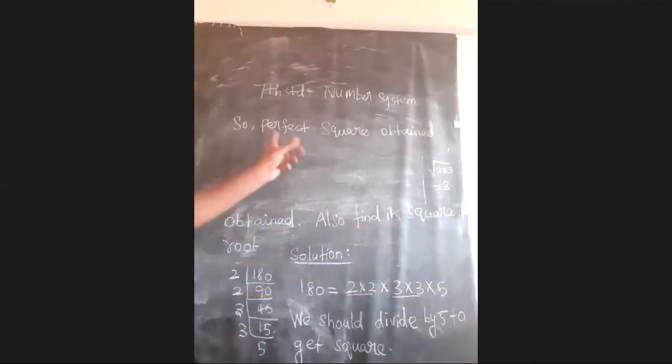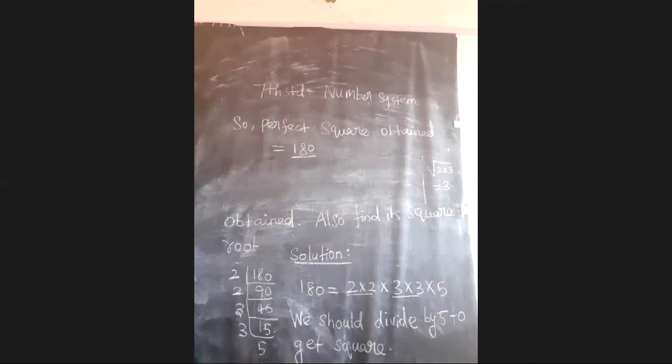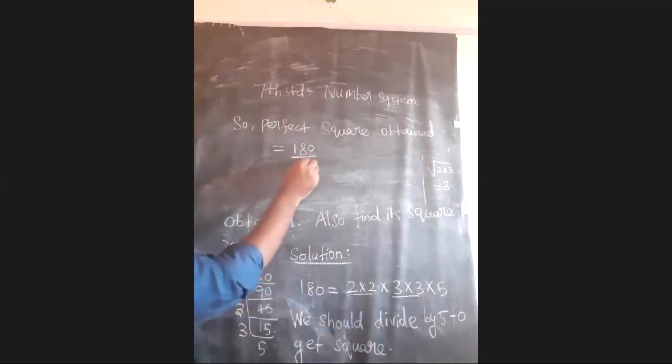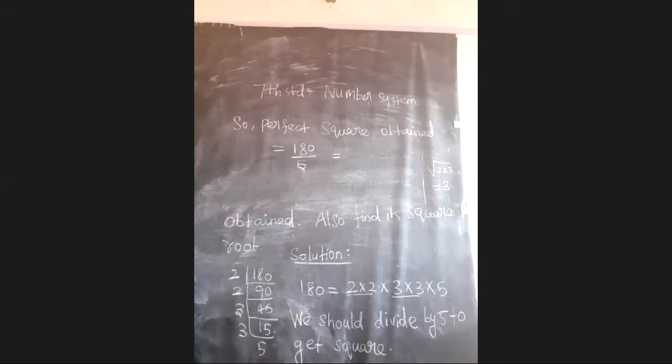So the perfect square obtained is equal to 180 divided by which number should we divide? By 5. Okay, so we will get the answer. What is 180 by 5? Anyone say what is 180 by 5?